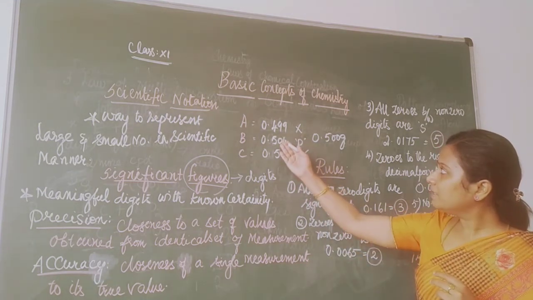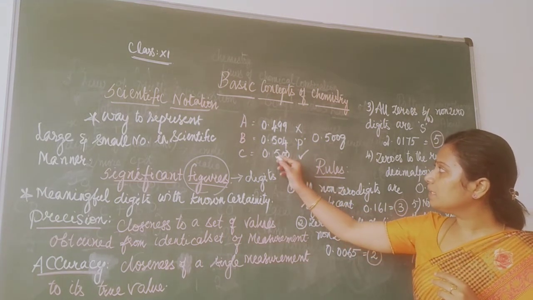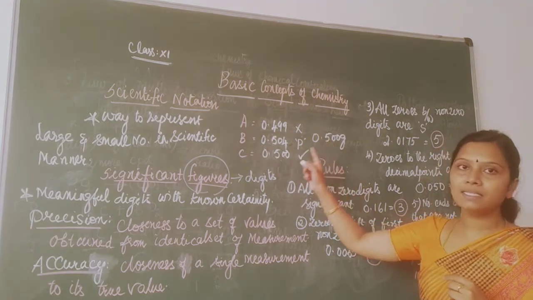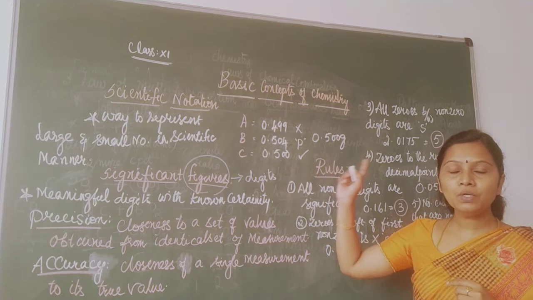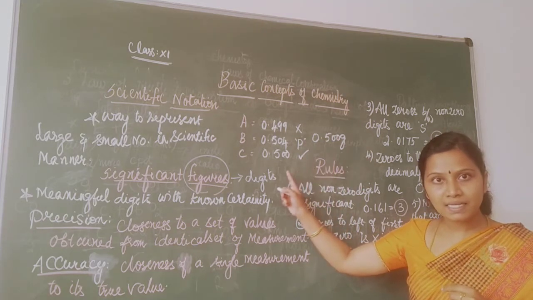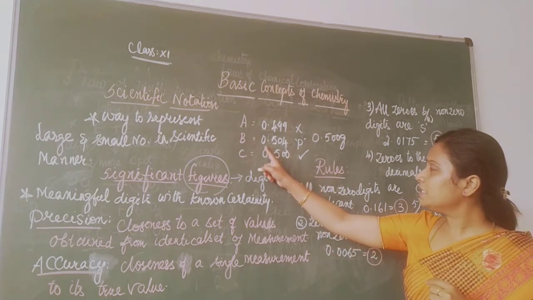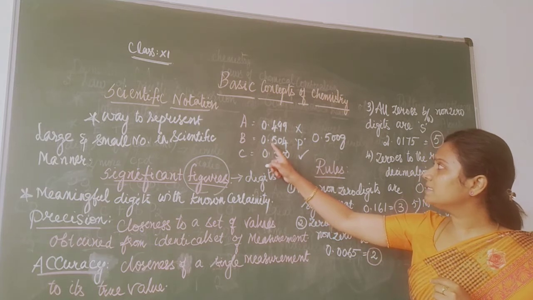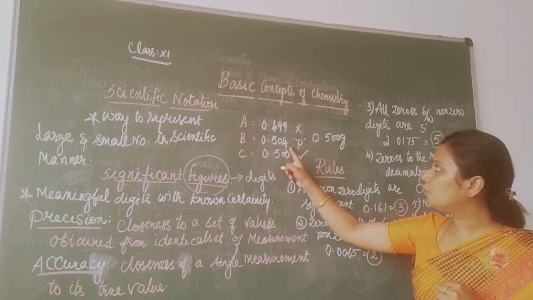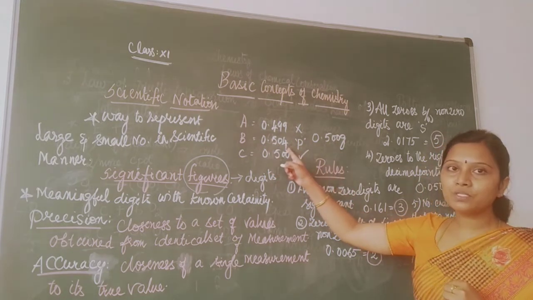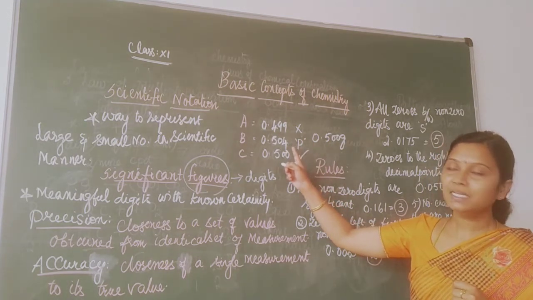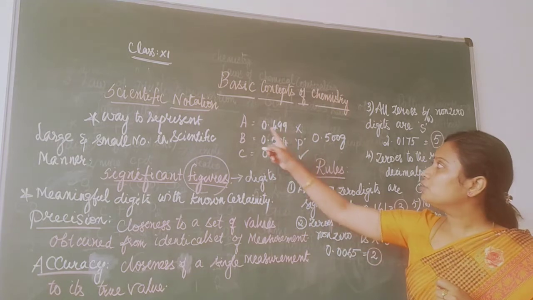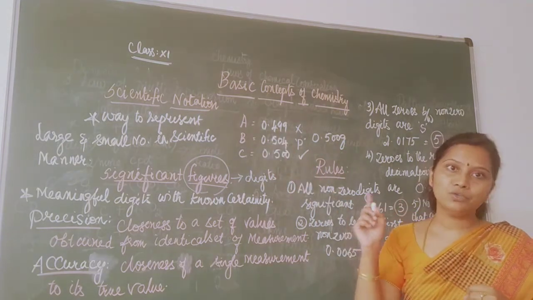If I have given the experiment to three students, student C has got exactly the same answer as mine, so I am going to call him a student who has done the experiment precisely and accurately. When you see student B, he has reached an answer of 0.504, which is almost close but a very little deviation is there. So I am going to call him precise but not accurate, but student A is neither precise nor accurate.